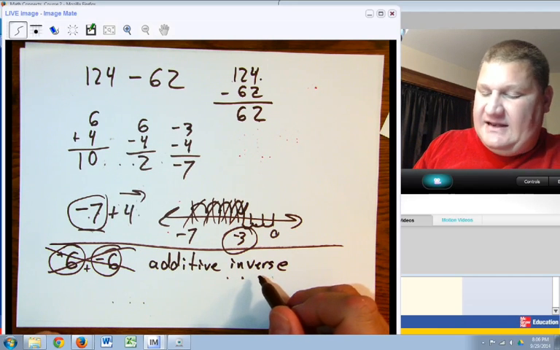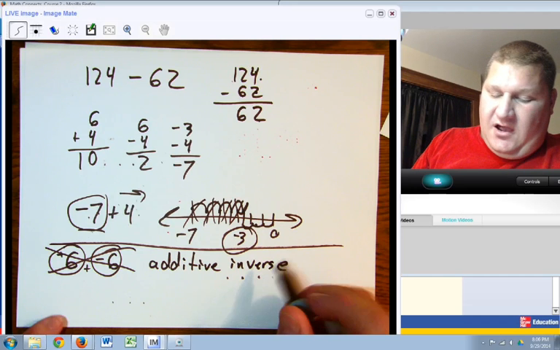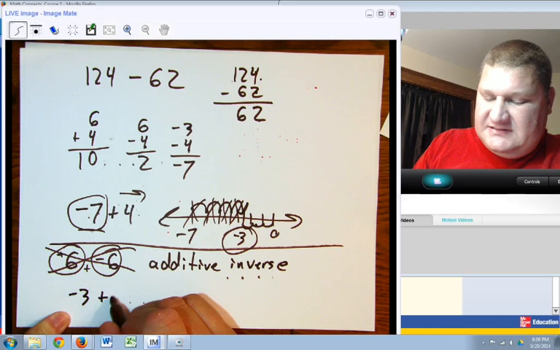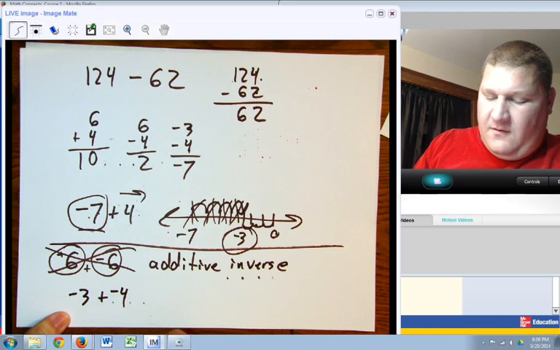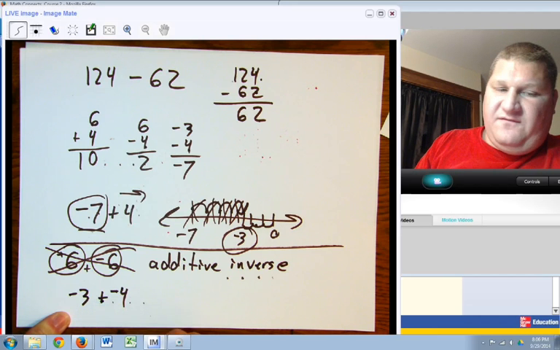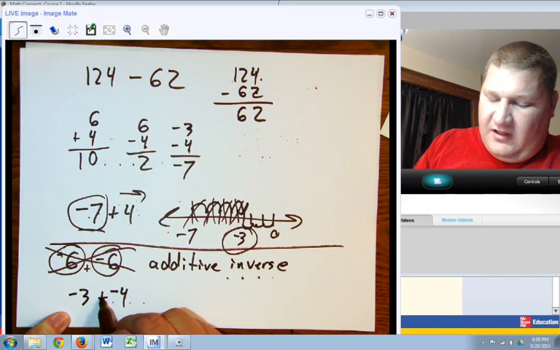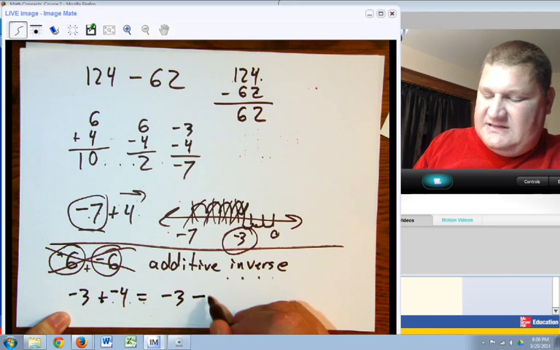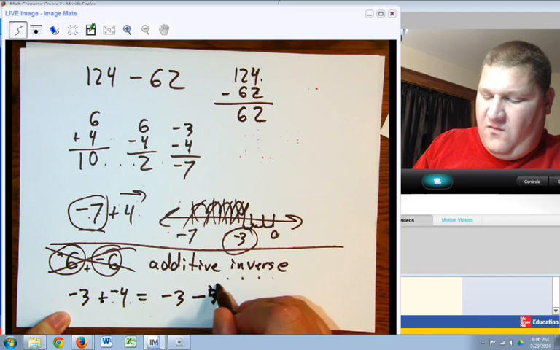So the additive inverse. Now, that's the same thing as saying negative 3 plus a negative 4. I might be adding, but I'm adding a take away 4. Well, anytime I have plus a negative, what I really end up with is the same thing as taking away 4.